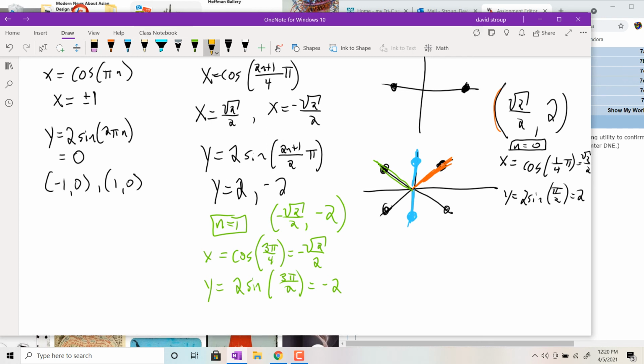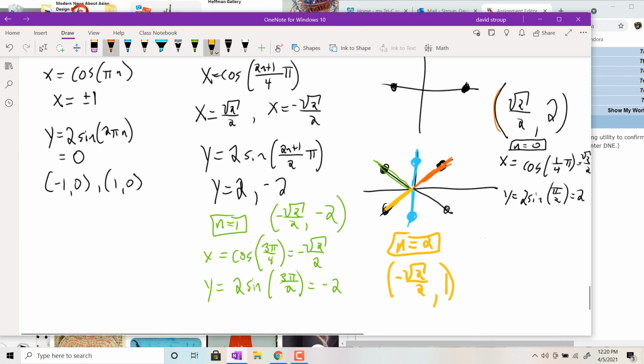And then let's get this third one. I'll put it in yellow. For the third one, I'm going to let n equal 2, and so on. This one will give you the negative root 2 over 2. But then for the sine, when you put in 2, you'll get 5 pi over 2, which is pi over 2, 2 pi, 3 pi, 4 pi, 5 pi over 2, positive.